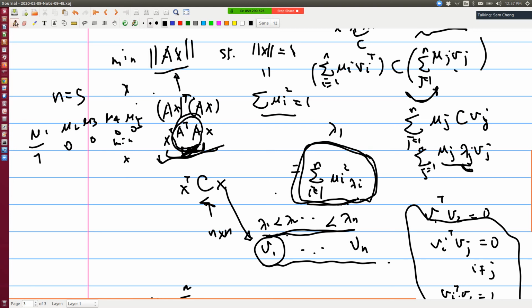So basically, what you can do is you have some A matrix here. You can compute A transpose A, and then do an eigenvalue decomposition. Then you find the eigenvector of the corresponding minimum eigenvalue, and that will be your solution.